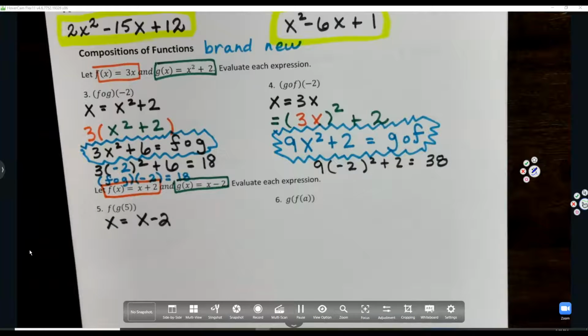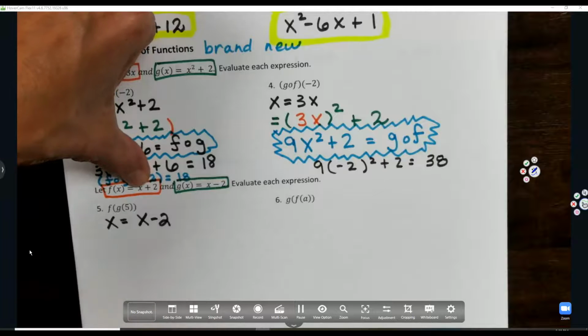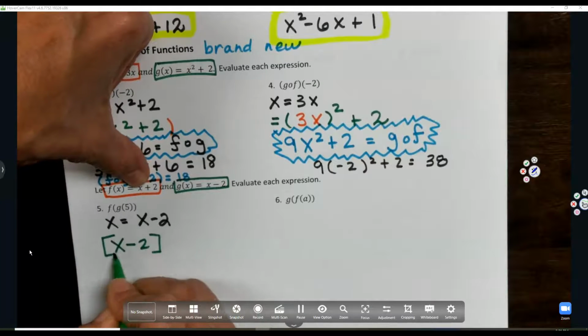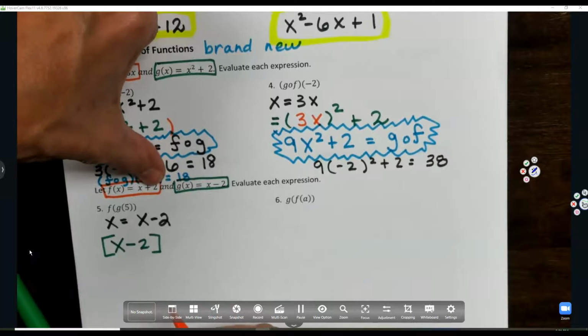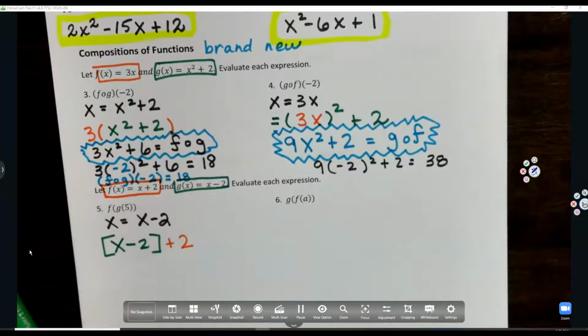All right, here we go with f of x. f of x starts out with x. So we are going to write x minus 2. That's where I dropped in g of x. But don't forget there's a plus 2 right there. So I have to have a plus 2 out here. And again, y'all, I just drew those brackets so you can see where I plugged in g of x. Those brackets don't mean anything.